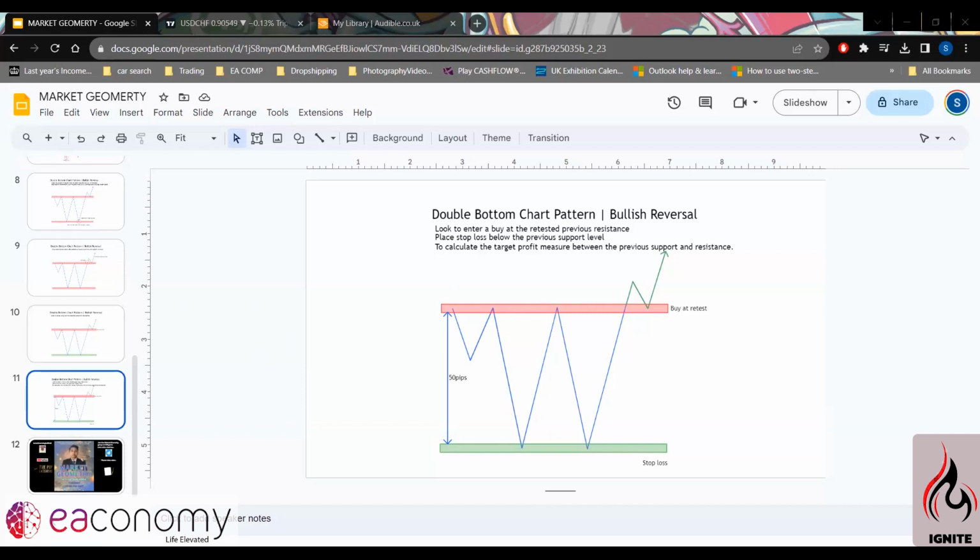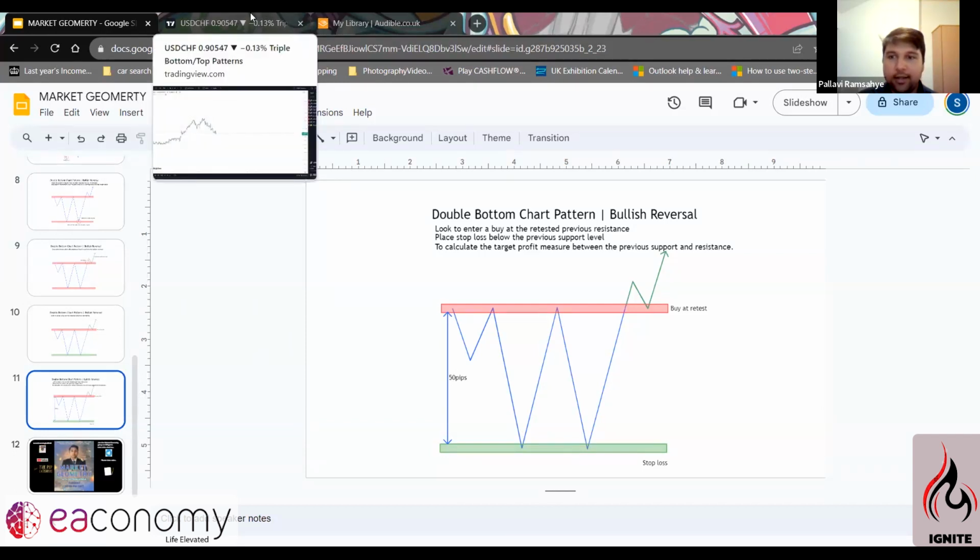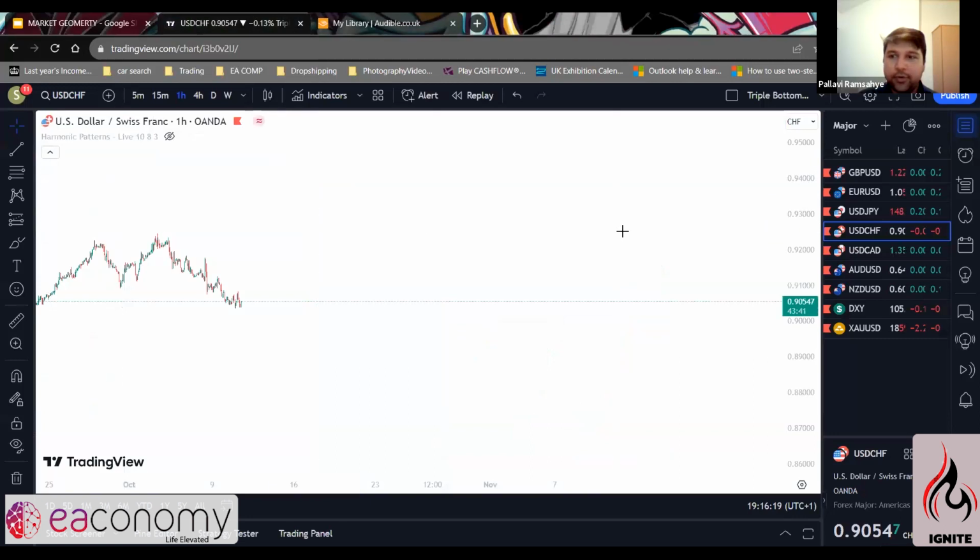Any questions surrounding the pattern itself? No questions? Okay, that's fine. Perfect. Right, so we're going to move to a live example now.